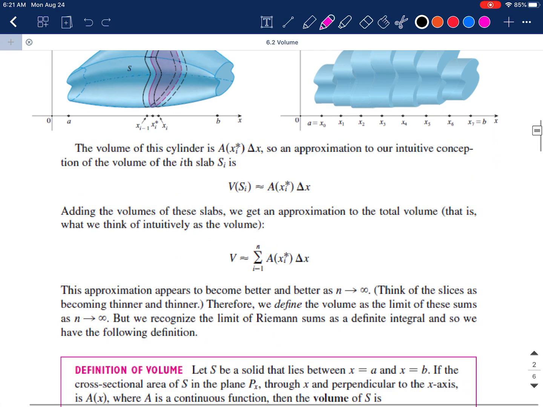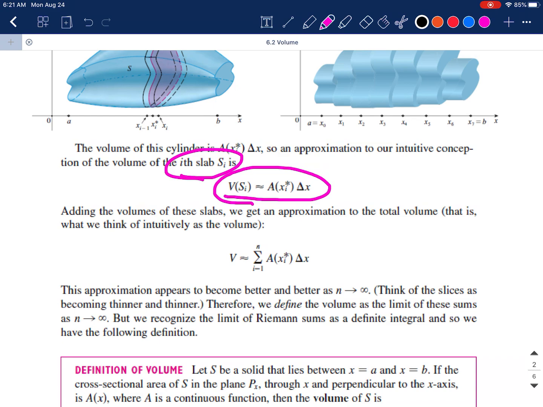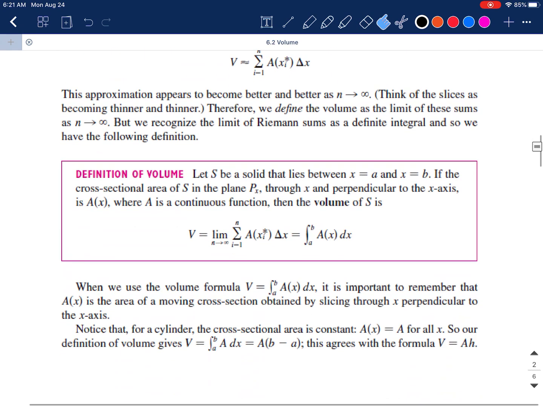And so we can say that the volume is approximately the area at x sub i times delta x for each individual, as your book calls it, slab or piece. Adding up all of those volumes will give us the volume of the entire figure. So we've got our definition of volume.